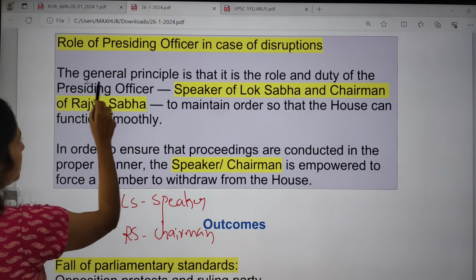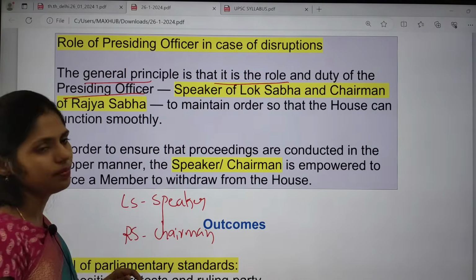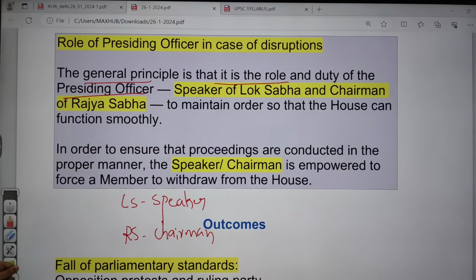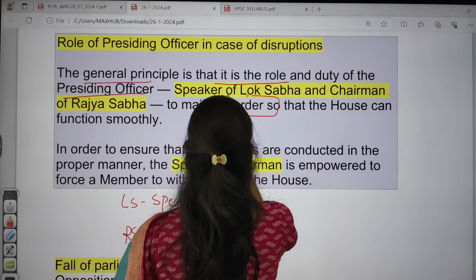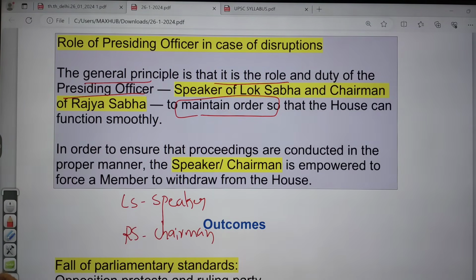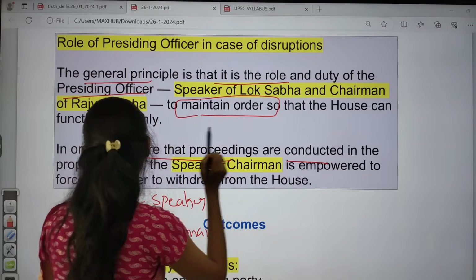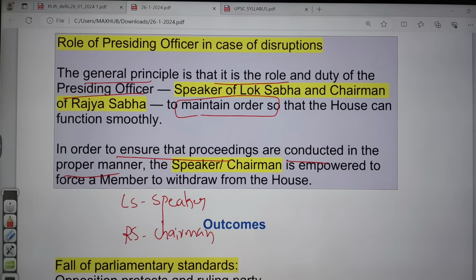The general principle is that it is the role and duty of the presiding officer to maintain order so that the house can function smoothly. To ensure that proceedings are conducted in the proper manner, the chairman or speaker is empowered to force the member to withdraw from the house.